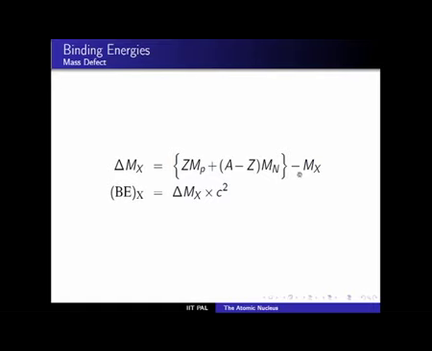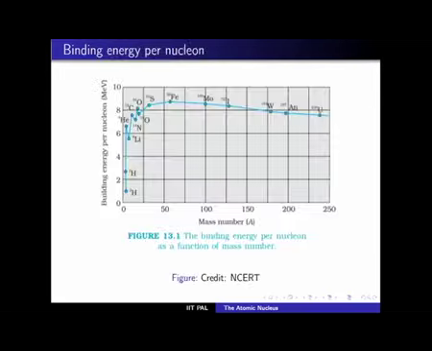The way I have defined here, my delta mx is a positive quantity. If I had changed the sign, it would have been a negative quantity, but my binding energy is always a positive quantity. Therefore, binding energy is given by delta mx into c squared. Therefore, this delta mx is the negative of the mass defect that I defined when I wrote it on the sheet of paper.